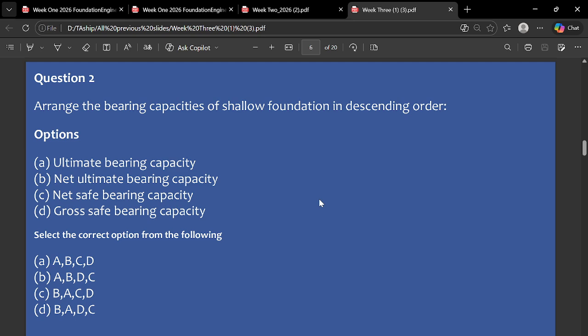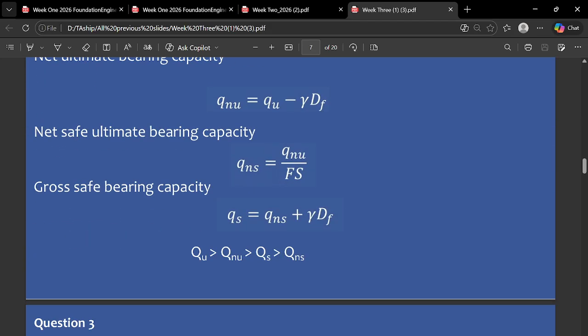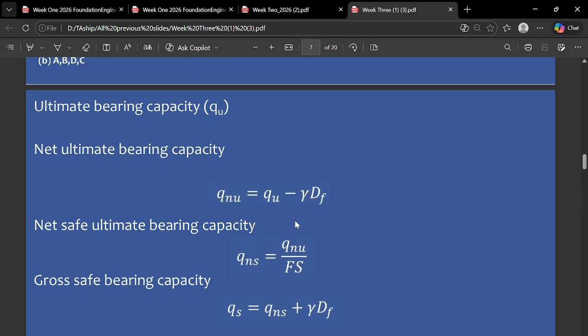And then when we are talking about the gross safe bearing capacity, in the net safe bearing capacity you remove the surcharge, and when you add the surcharge, not remove, in that case it's the gross safe bearing capacity. These are all the relations available here.